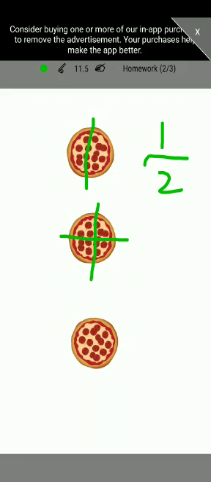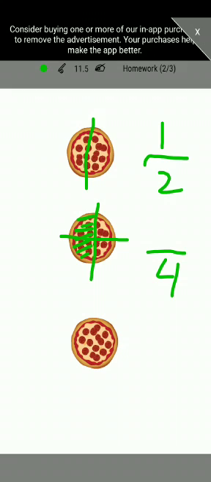Now I want to divide this into four equal parts. If I want to eat the same amount of the pizza, how many out of these four would I eat? I would definitely eat the same part. How many pieces were there? There were two pieces, right?